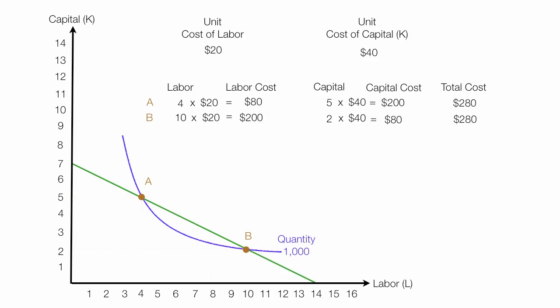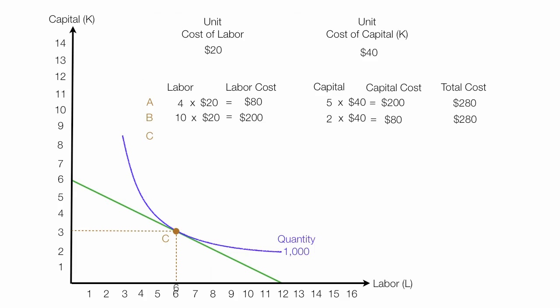But the producer can choose a different level of cost as long as they keep the ratio of labor cost and unit cost the same. So the ratio is the slope of the line, and that remains constant. Now at point C, the producer will use 6 units of labor and 3 units of capital.